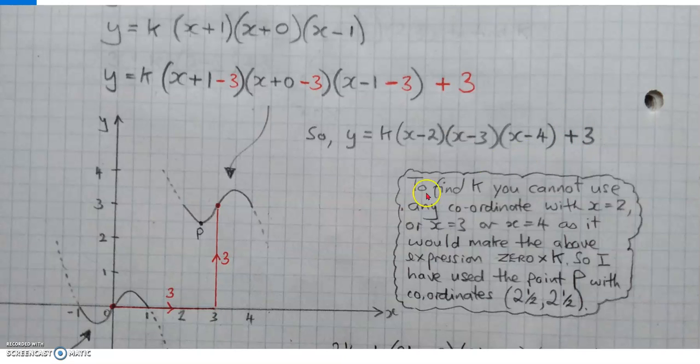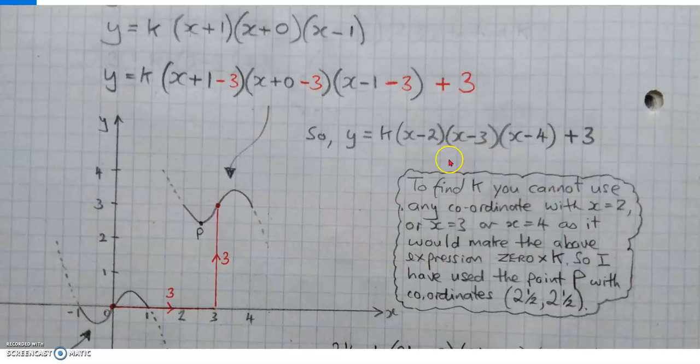So you do that, this minus 3 for each one of those brackets, and that shows you that this cubic like that has been shifted 3 units that way and 3 units up. Okay, now there is a problem.